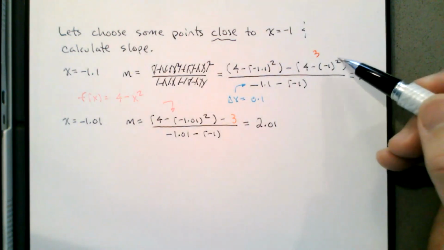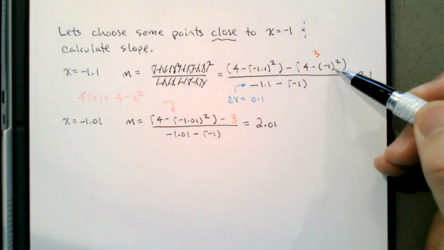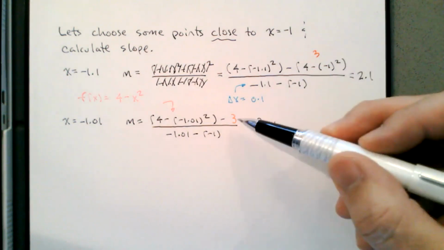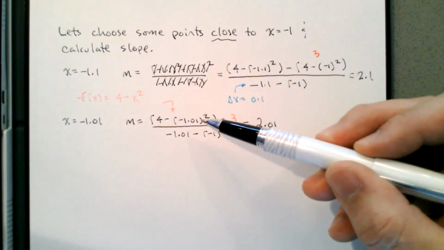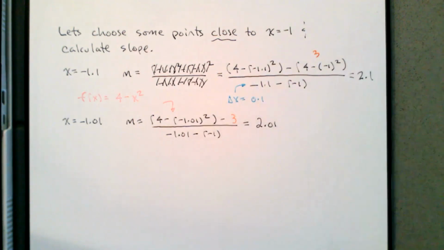The 3 comes from plugging -1 into the function 4 minus x squared, and so it's always going to be 3. It's this first point, the first value that we're not changing. So we see when we went to -1.01, we got a slope of 2.01.